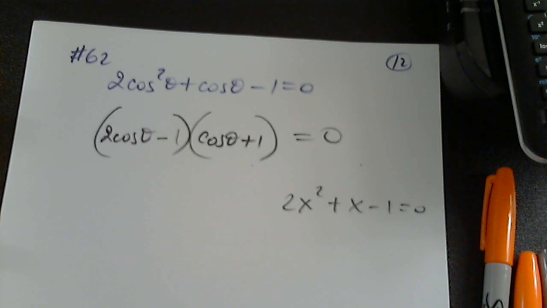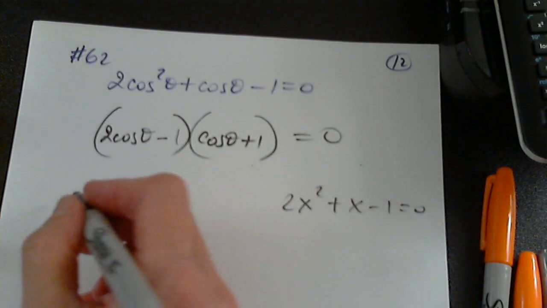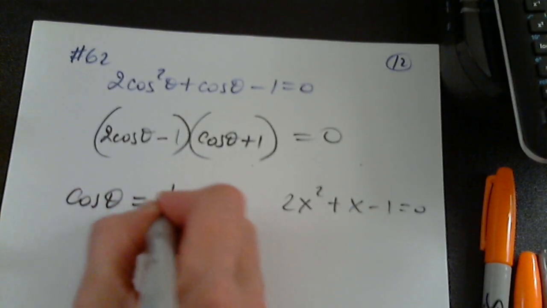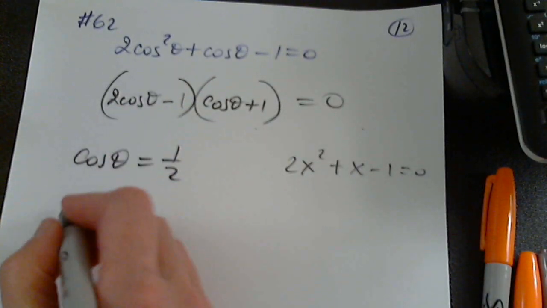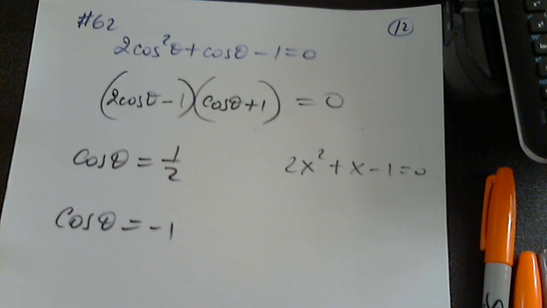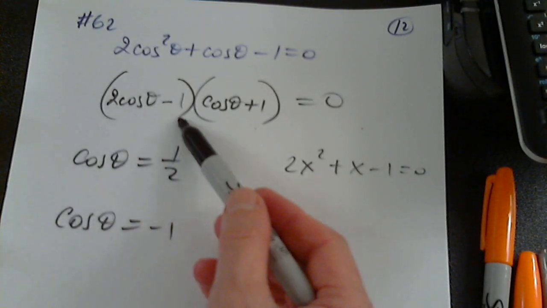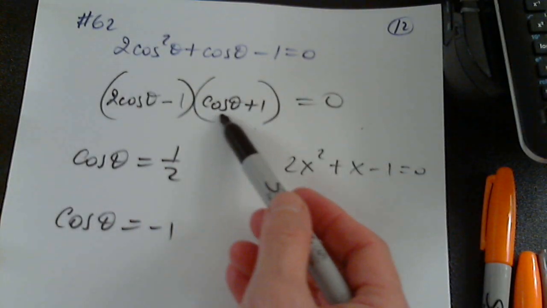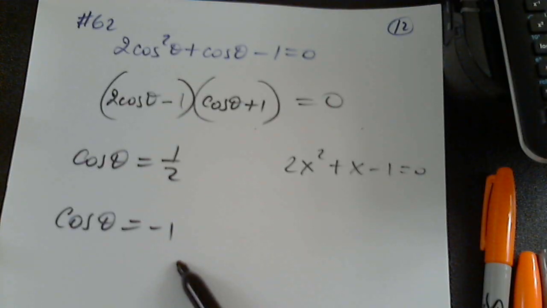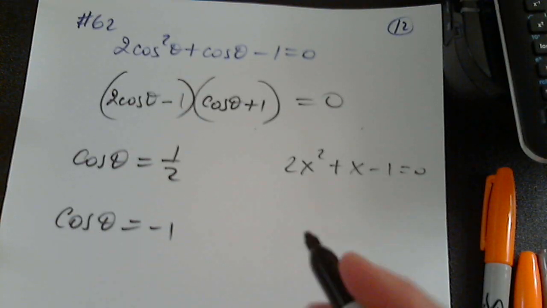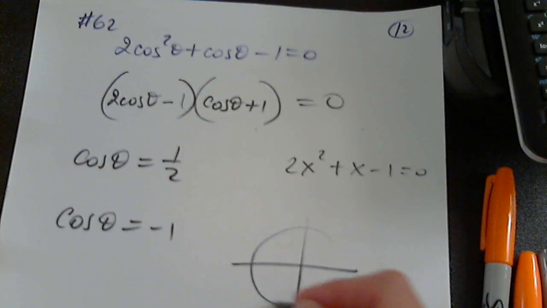Yes? No? Yes. Okay, so then we have two options. Cosine theta to be 1/2 or cosine theta to be negative 1. From here, cosine theta is 1/2. From here, cosine theta is negative 1. Let's start with the easy one. We already had it.